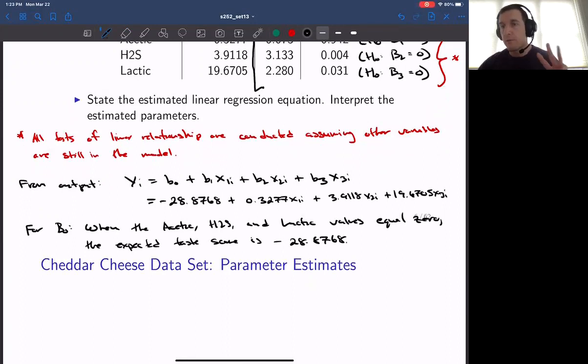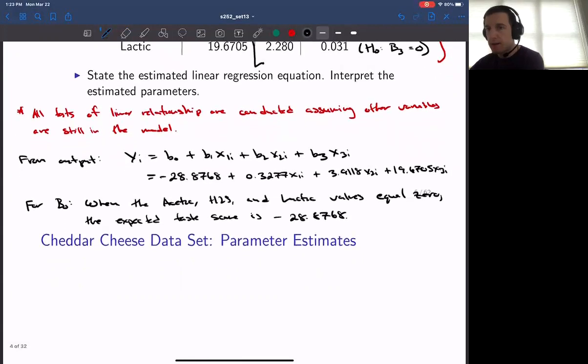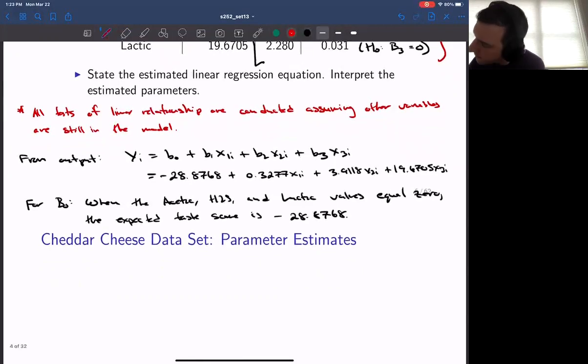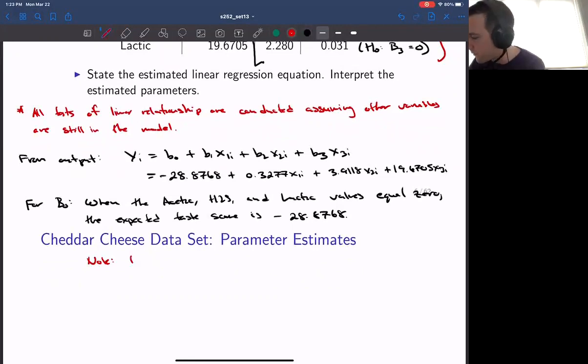In this case, we have three explanatory variables, acidic, H2S, and lactic. So what beta 0 is telling us is what we expect the taste score to equal when each of those three values are equal to 0. Now, one thing to keep in mind in terms of a practical solution is that this probably doesn't make any sense.